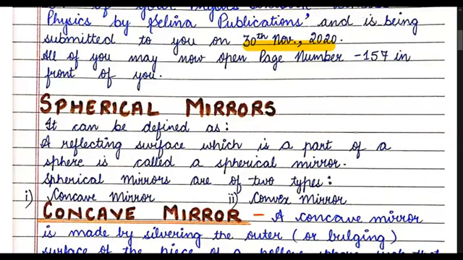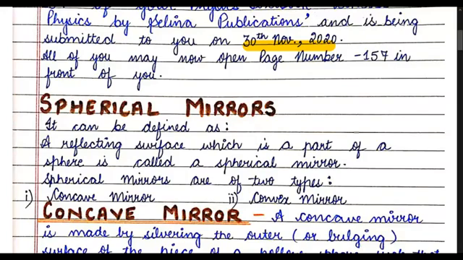That means wherever your head is, in the image also, at the same point you are having your head. And the height of the image is the same as the height of the object.